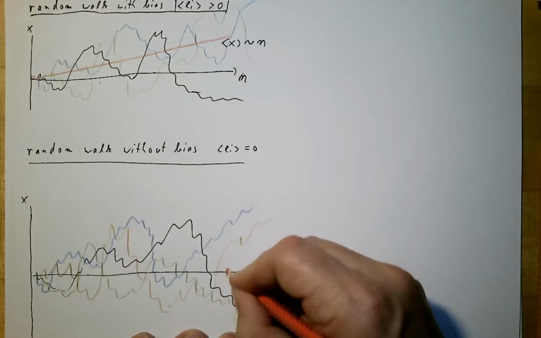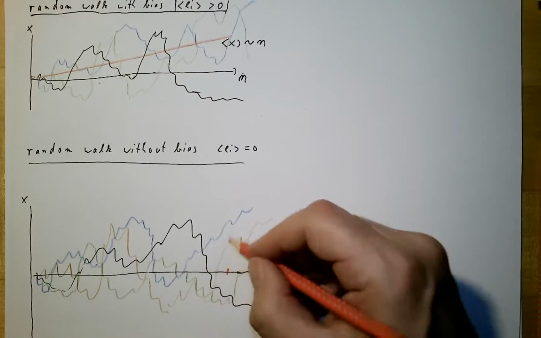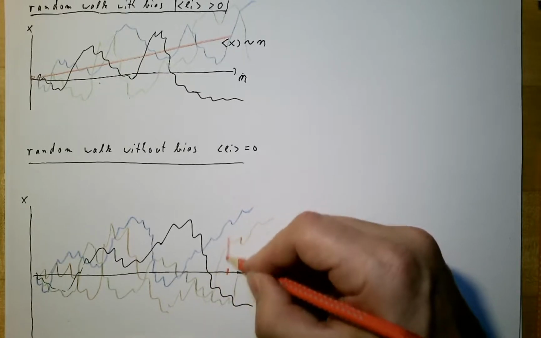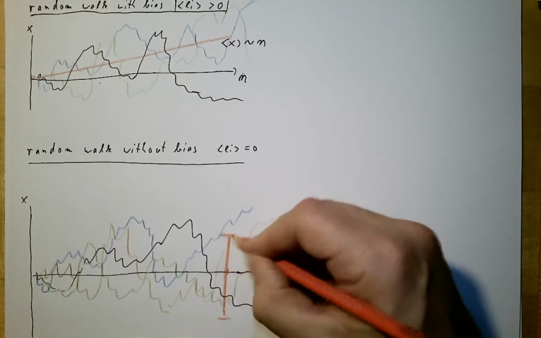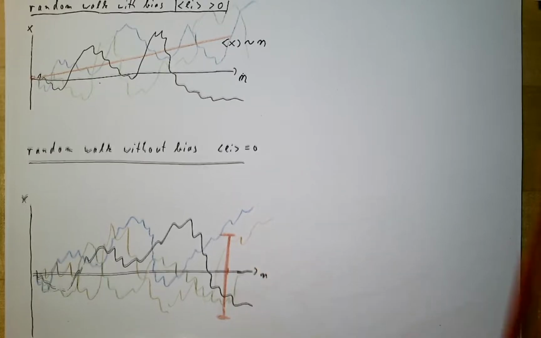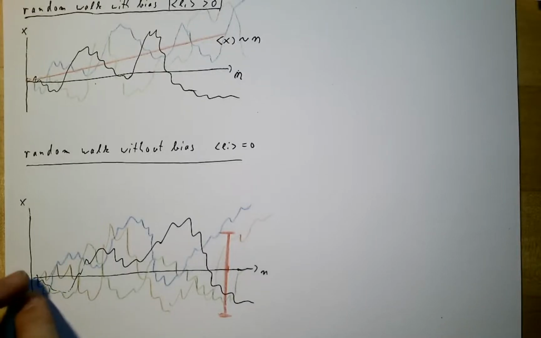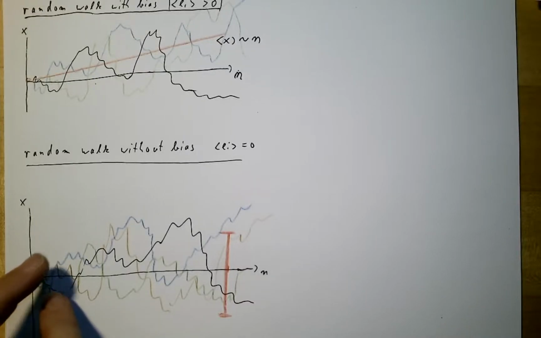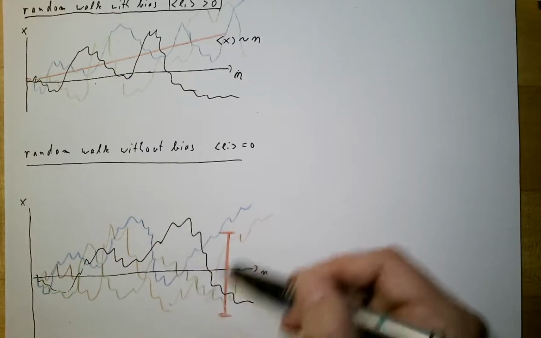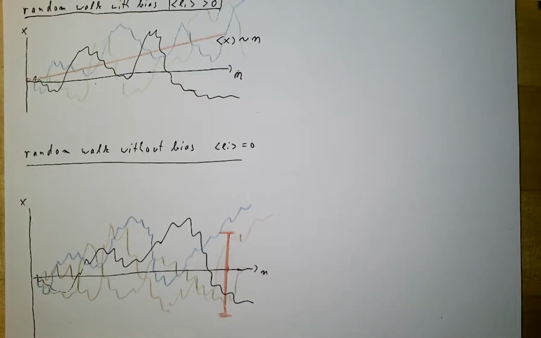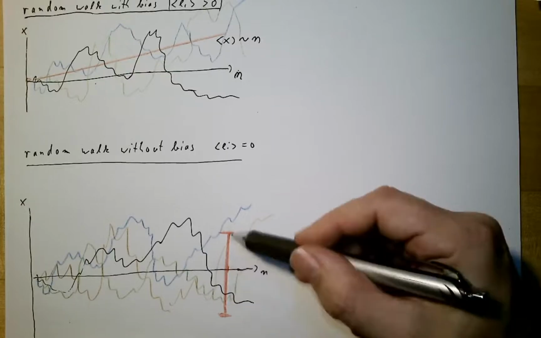So if I take this time point here, what's the typical range where I think the walker should be? And you see this range is increasing, because it started at 0, the range was very small and then was increasing. Now how can we calculate this range? That would be the standard deviation of the walker.